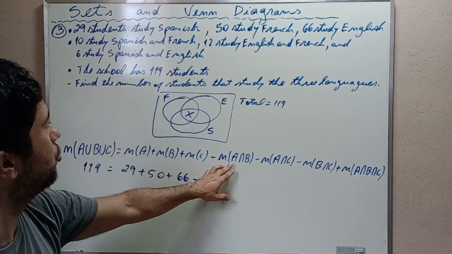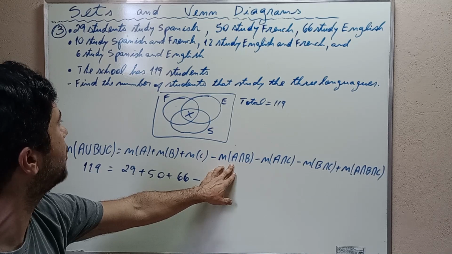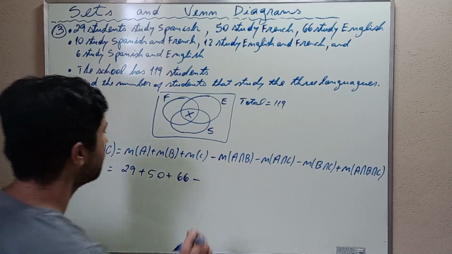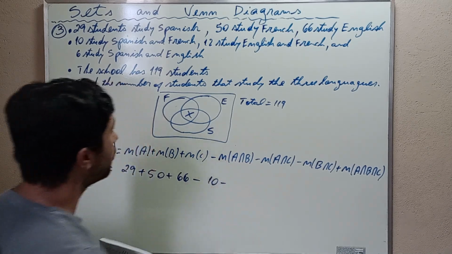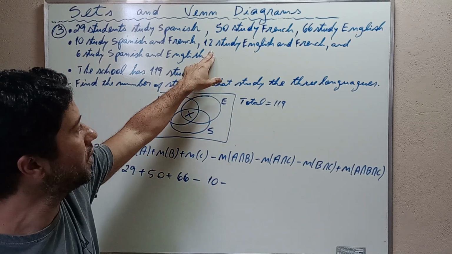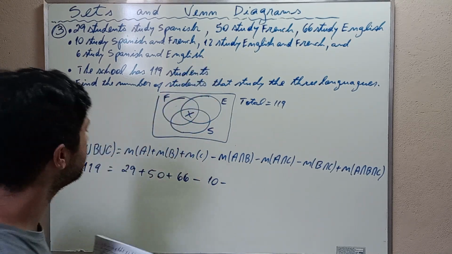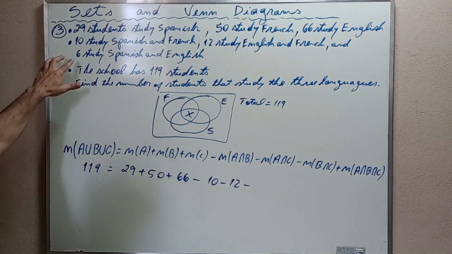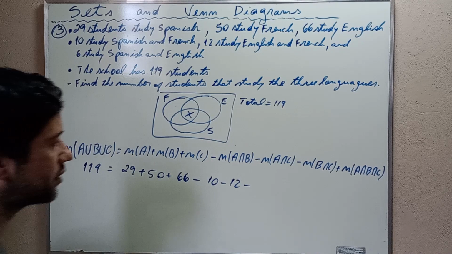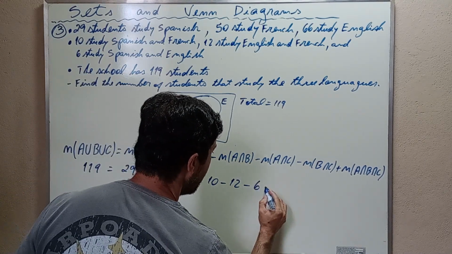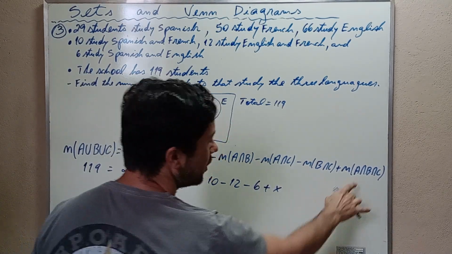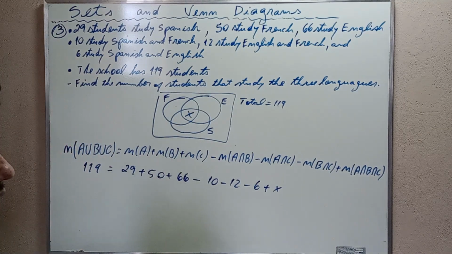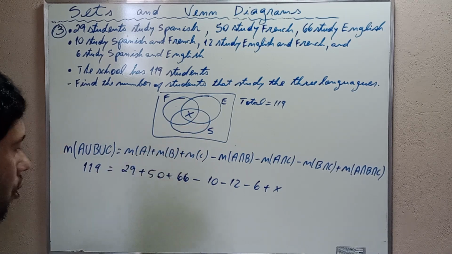The number of students that study Spanish and French is 10. The number of students that study English and French is 12. The number of students that study Spanish and English is 6. And the number of students that study the 3 languages is the X, is what we want to find, the intersection of the sets. Okay?